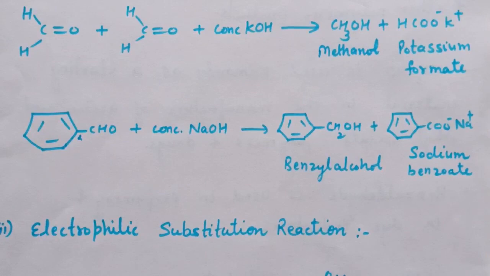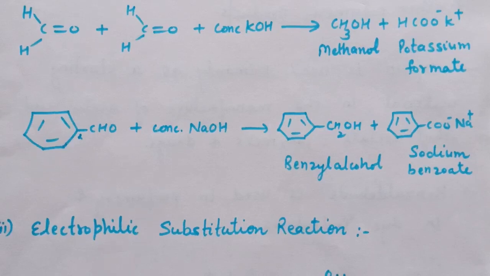Whereas in case of aldol condensation the condition is the aldehyde or ketone should have at least one alpha hydrogen, and in presence of dilute NaOH aldol condensation takes place. So this is all about aldol condensation and Cannizzaro reaction.